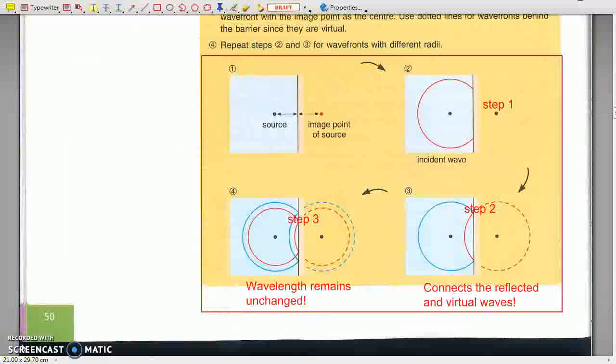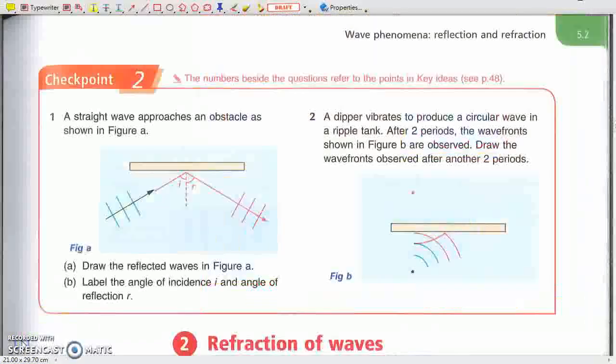And don't forget to connect the reflected and virtual wavefronts. And now do check point 2 on the next page.